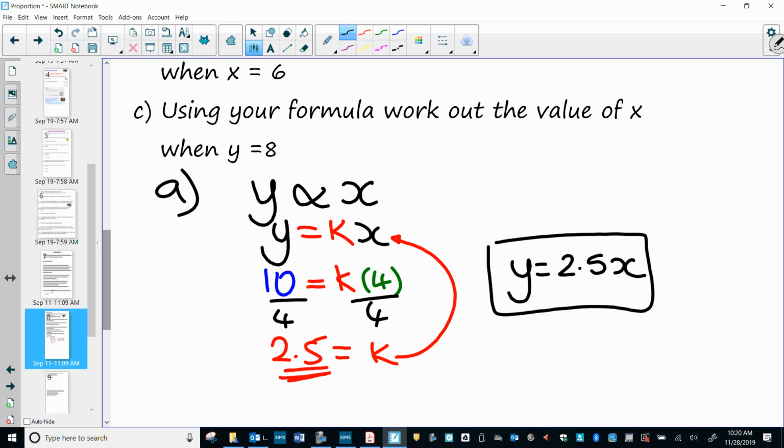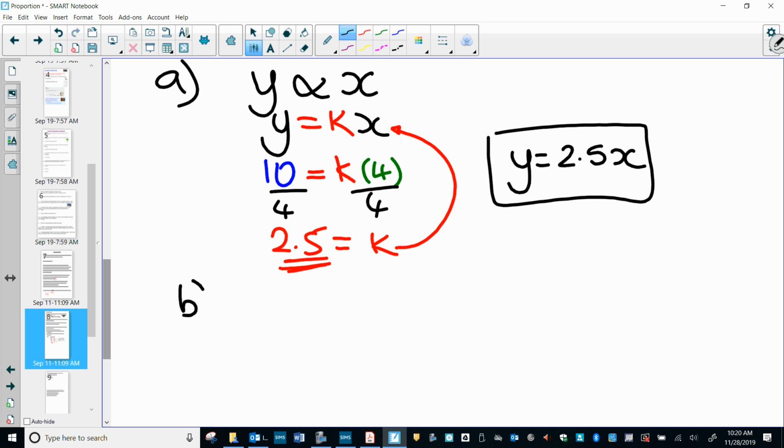Now, it may be, I'm sure it won't be, but it may be the case that you make a mistake in this. That's totally fine as long as you use your formula for the rest of the question. If you don't use your formula, then there's going to be problems. Part B says using the formula, work out the value of y when x is 6.